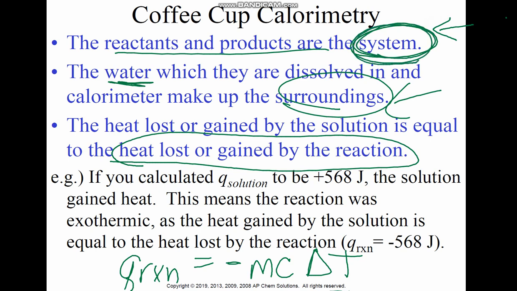To get the Q of the system, we have to change the sign, because whatever is going into the system is coming out of the surroundings, or vice versa. So whatever's going into the system will be coming out of the surroundings, and whatever's going out of the system will be going into the surroundings. So they'll have the same exact value with different signs.